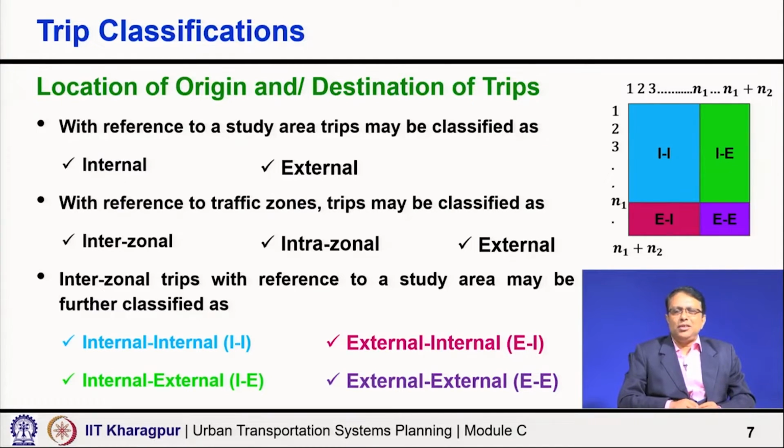What do you mean by that? Intrazonal means trips are happening within that zone itself. A trip produced in zone I and terminating also in zone I. So, nothing is going outside zone I, all within that zone, that is intrazonal, within the zone.